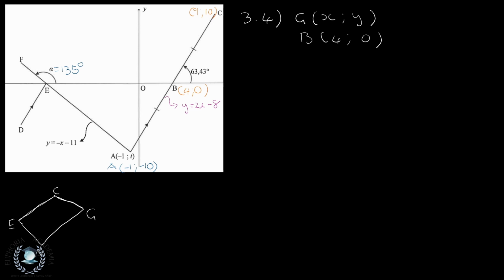Now, what do we know about parallelograms? You know that opposite sides are parallel, opposite sides are equal. So I'll just do this side quickly. Those are parallel. We also know that the diagonals bisect, so wherever they intersect, they will bisect each other.